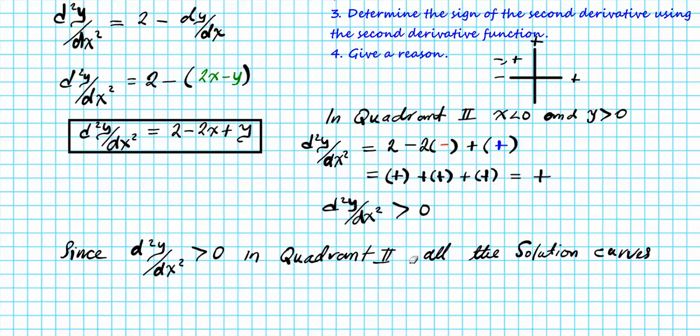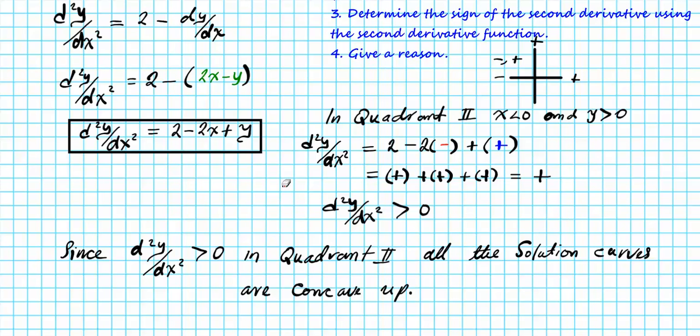So all the solution curves are concave up. Okay, whenever they ask you to give a reason, you have to just put everything together in a nice little sentence and you will get your full credit.